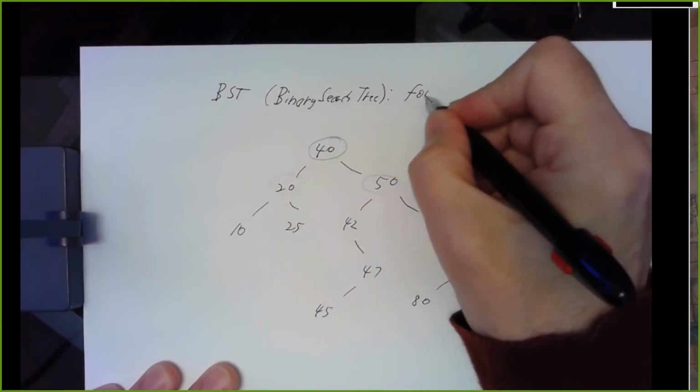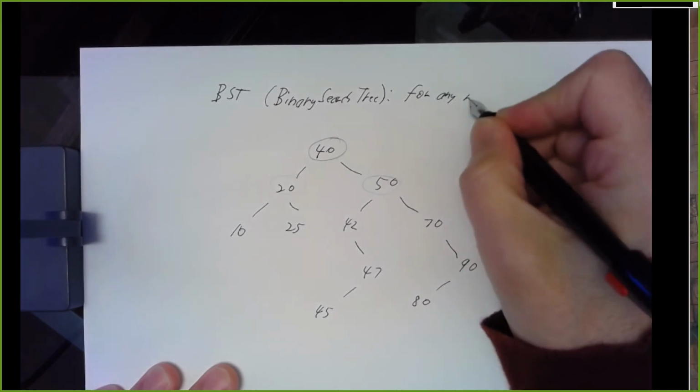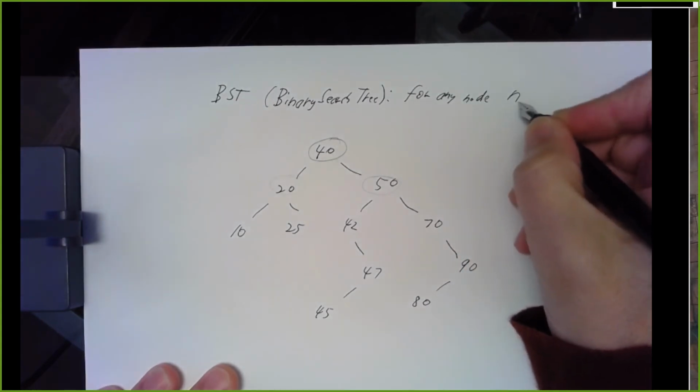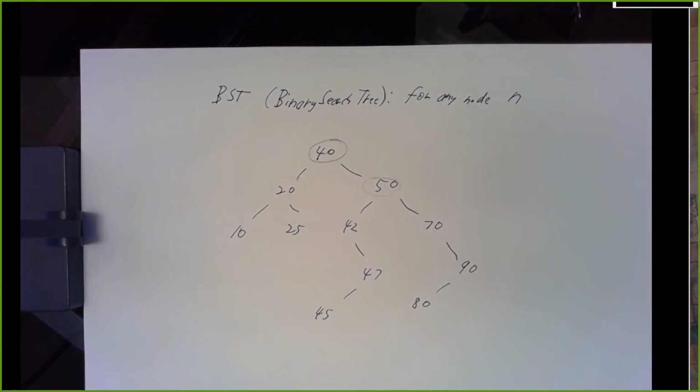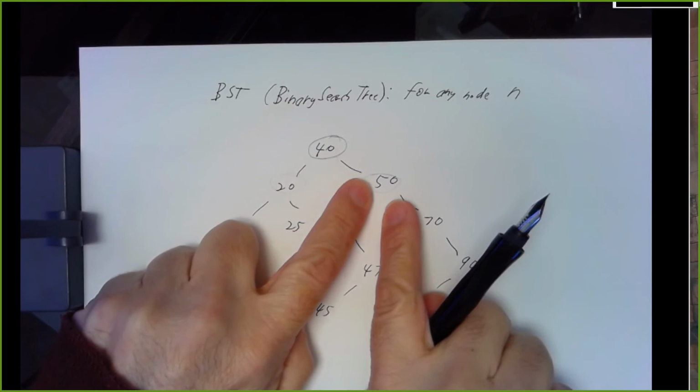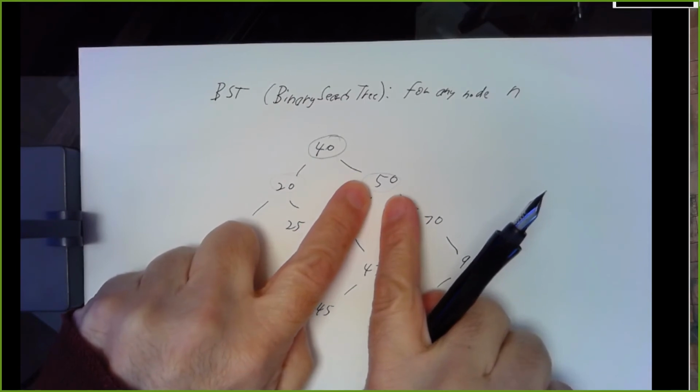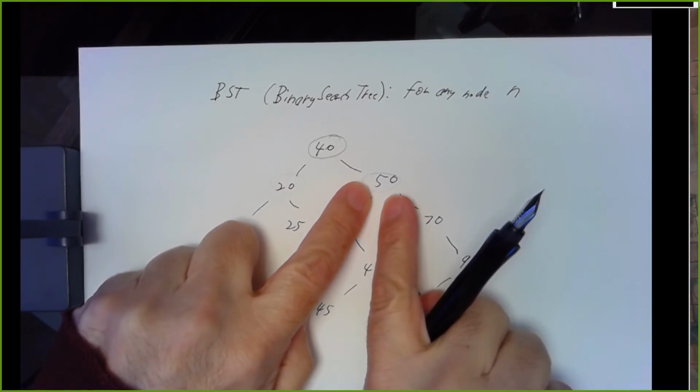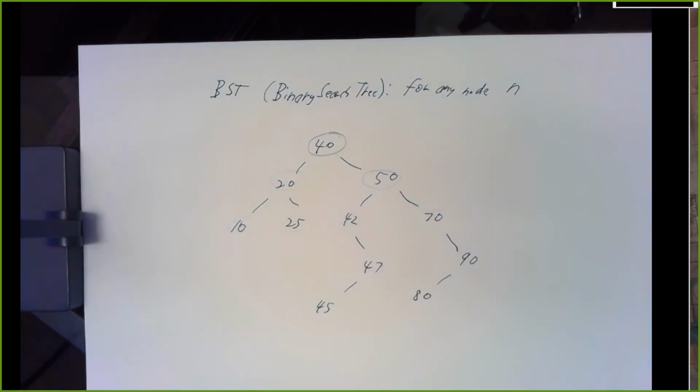So for any node, and when I talk about a node n, I might be talking about the node, I might be talking about the value stored in that node. I'll interchange the usage, right, to keep things simple. So when I talk about a node n, I'm talking about a node with a value of n.